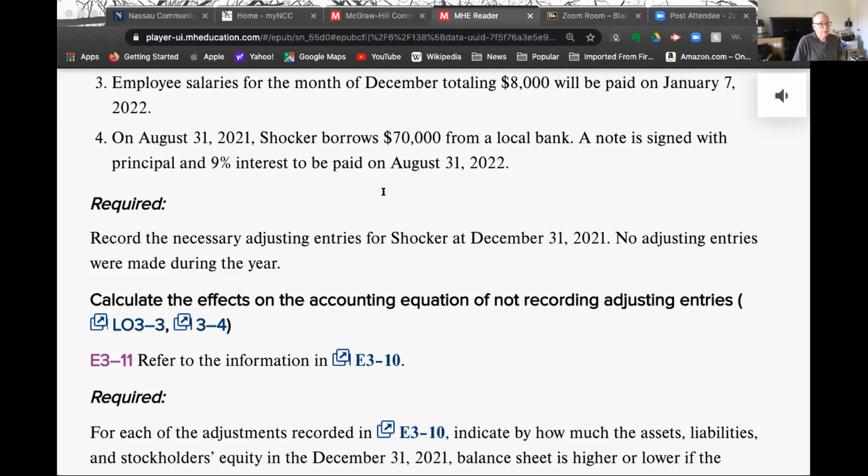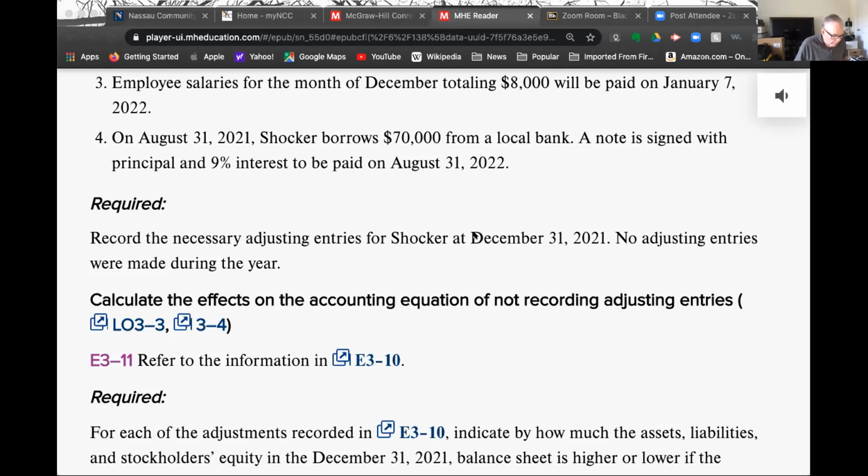Debit salaries expense and credit salaries payable. Okay, so this is number 4 now. On November 1st, the company borrows $15,000 from the bank.